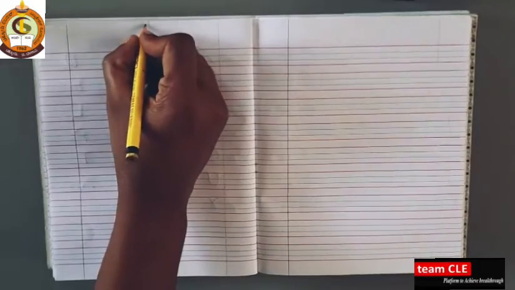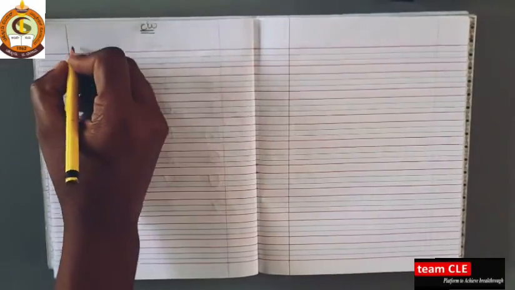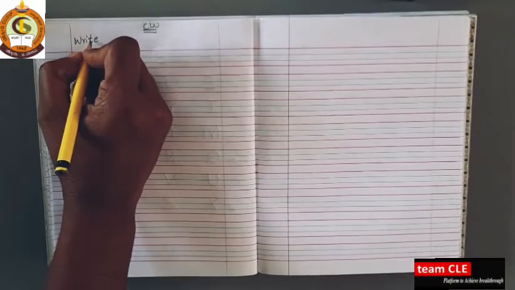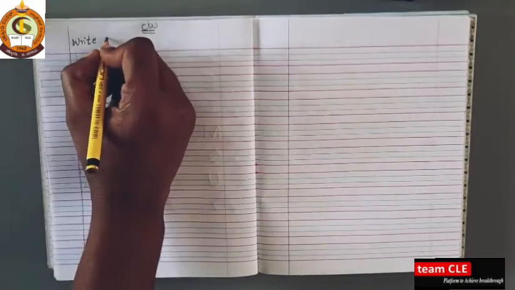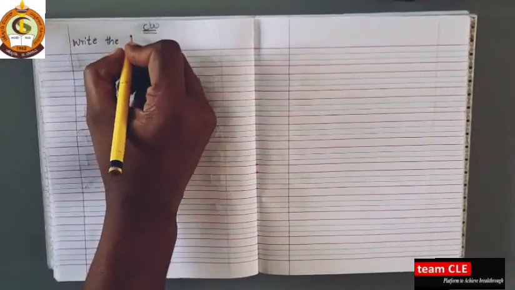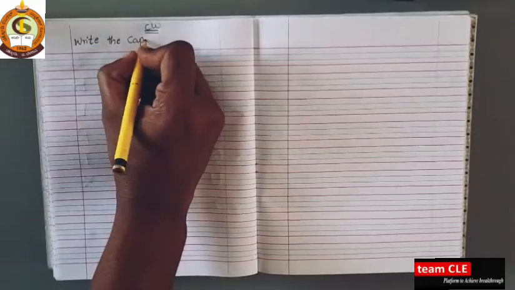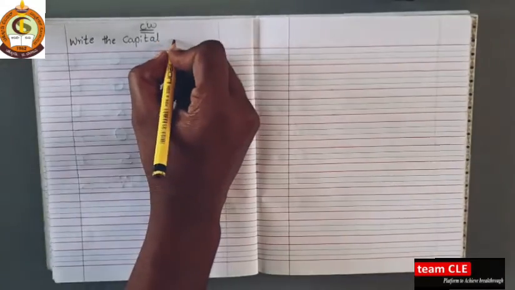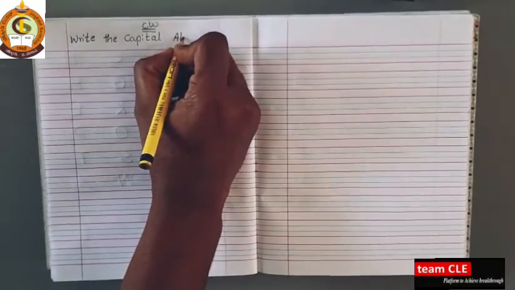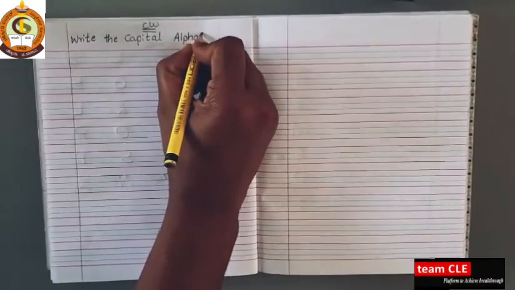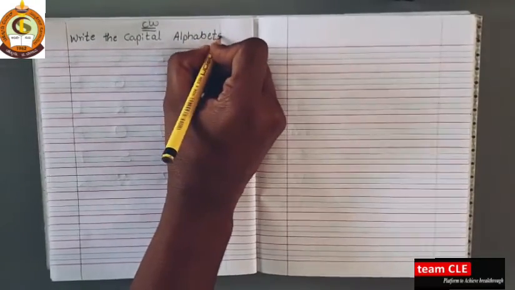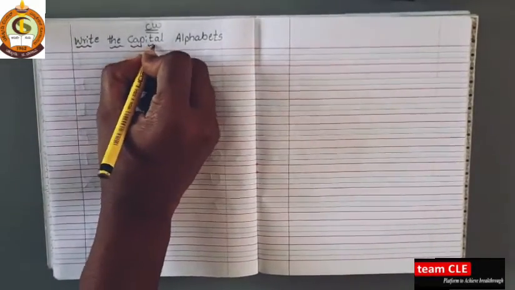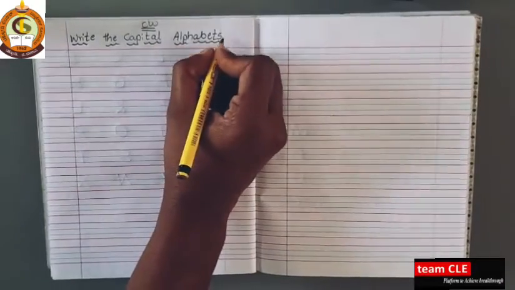So write CW, and here write: Write the capital alphabets, and put an underline.